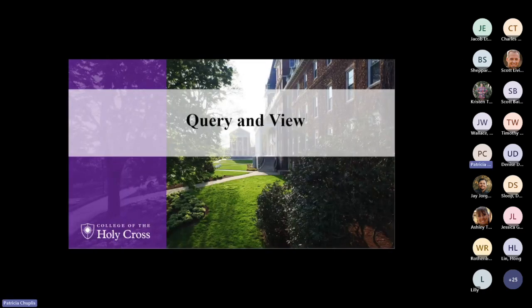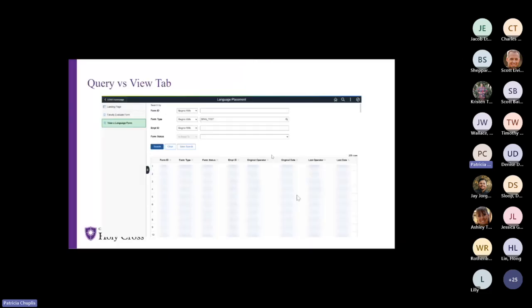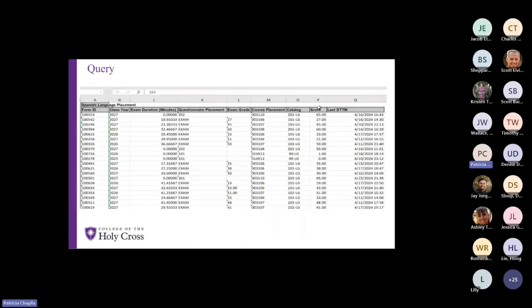And the last slide that we have is the faculty wanted to be able to see certain information. So they can use the View tab to look up a student's form and how they answered the form. But then Chuck also created a query that pulls everything together for them to look at in one place.